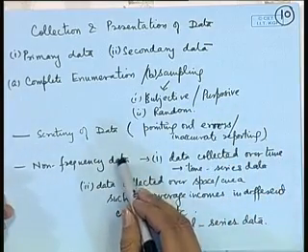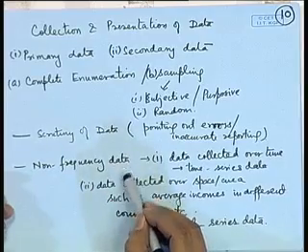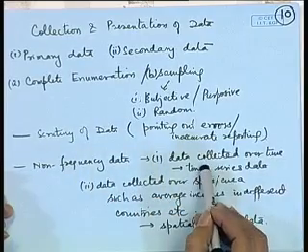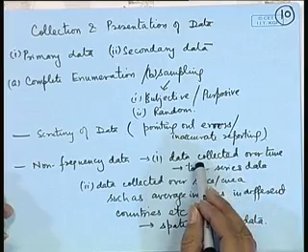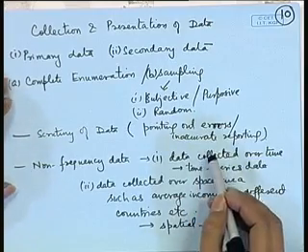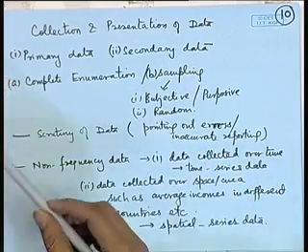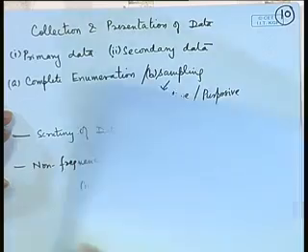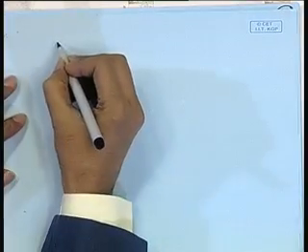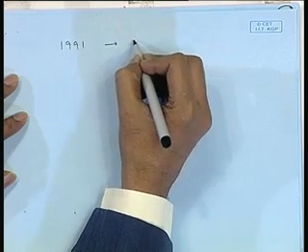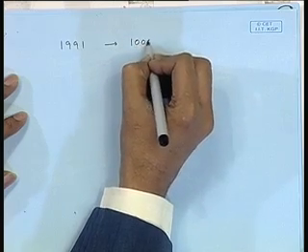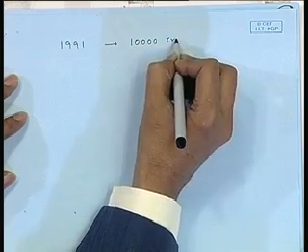Now there are various types of data. One is data which is collected over time or collected over space. For example, in the year 1991 the exports were, say, of the tune of 10,000 crores.